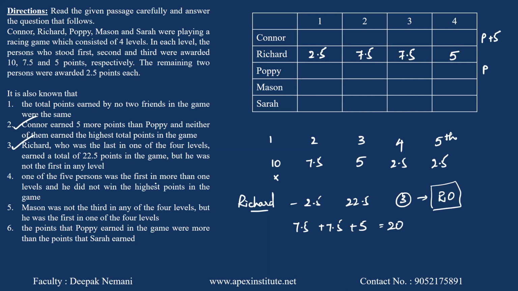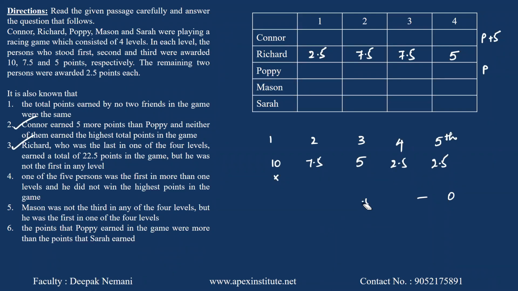Now, one of the 5 persons was the first in more than one level, and he did not win the highest number of points. So you have one person scoring 10 points in more than one level. It can be 2 levels, 3 levels, or 4 levels, but we have only 4 levels.